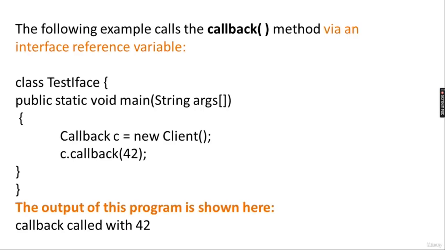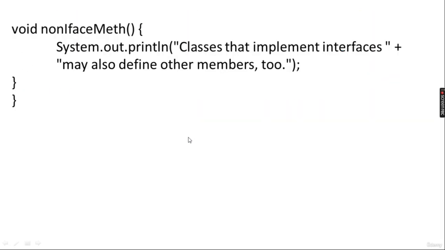The following example calls the callback method via an interface reference variable. Now, TestIface is a class with public static void main. Here we are calling callback c = new Client(); c.callback(42). So c is an interface reference variable, callback is an interface, and it is assigned new Client, whose object is created, an object of class Client.